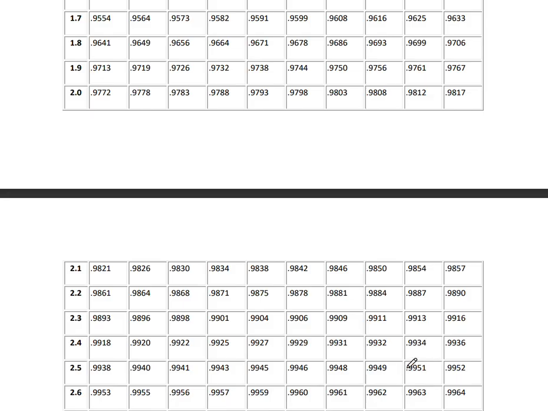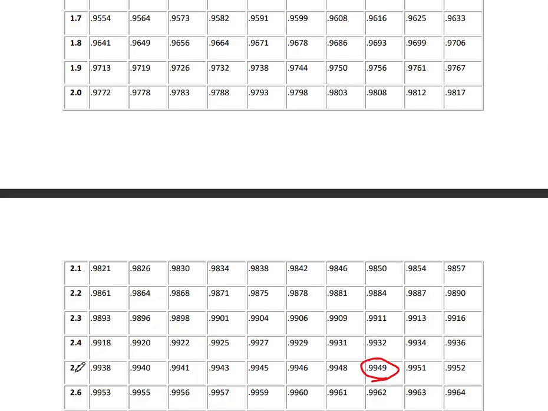And here we have 0.9949 or 0.9951. You could use the Z reading for any of these values and it would be fine, because both of them are equidistant from 0.9950. So I'm just going to use 0.9949.